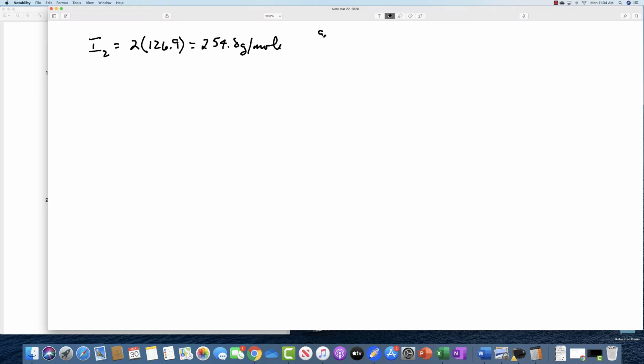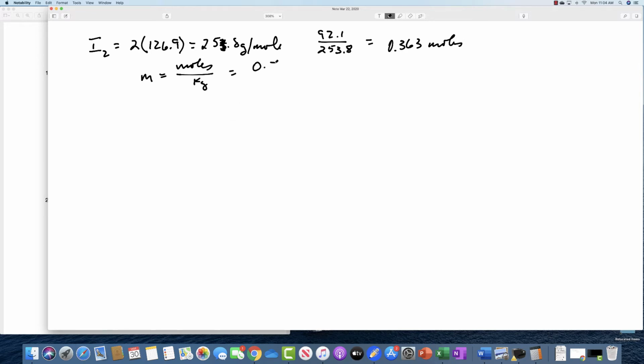And we have 92.1 grams of that, and so if we divide that by 254.8, the answer here is going to be 0.363 moles of iodine.